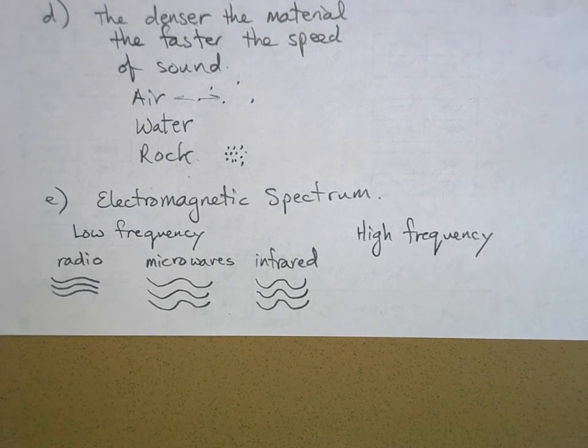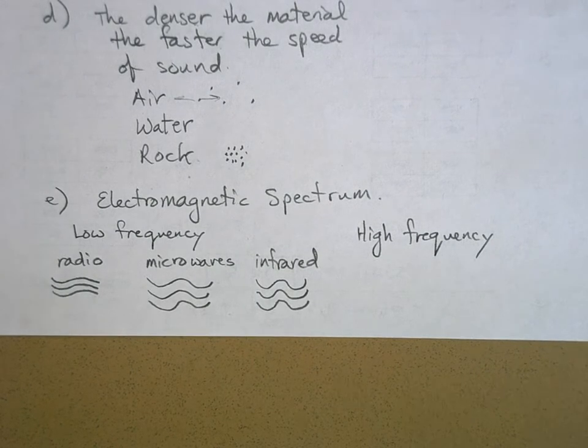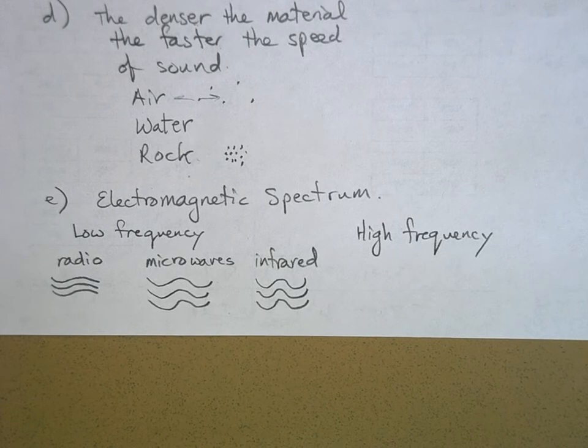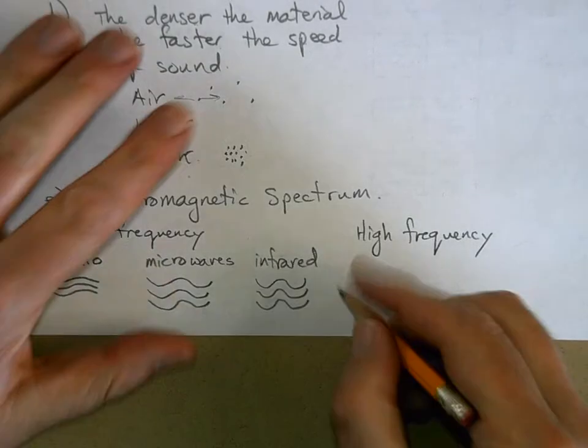If you're in the military, you wear night vision goggles. They're seeing the infrared light given off by everything. Anything that has a temperature gives off infrared, and we have cameras that can see it. Then we have visible light.